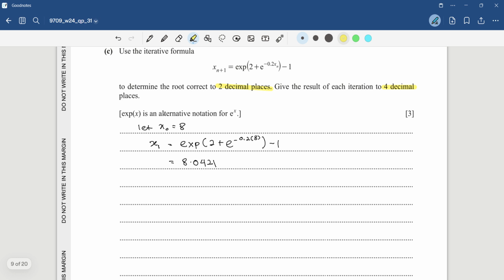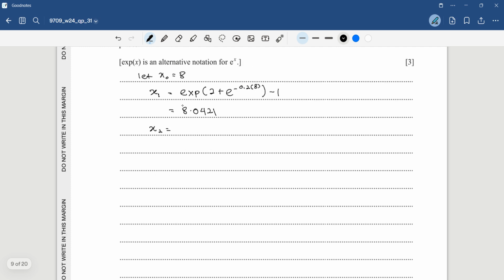So make sure you give 4 decimal places here. And for x2, exp of 2 plus e to the negative 0.2 times 8.0421, minus 1, is equivalent to 8.0268.